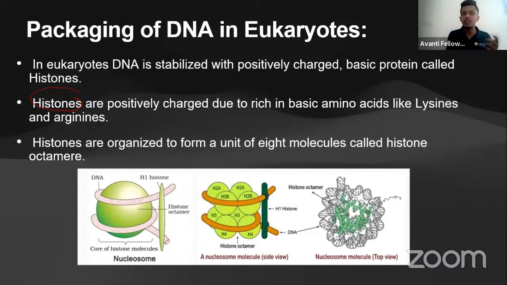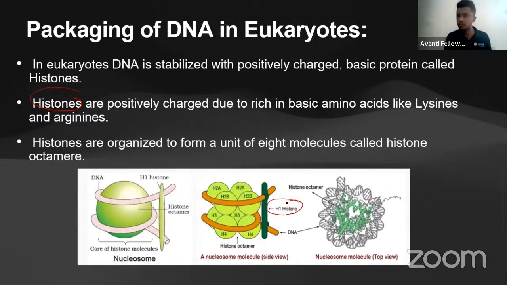It is a unit of monomers. These histone proteins have around 5 types of monomers, which we call histone monomers. And these histone monomers are labeled here, as you can see in this picture. They're called H2A, H2B, and we have H3, H4, and then we have the H1 histone, which is quite important.